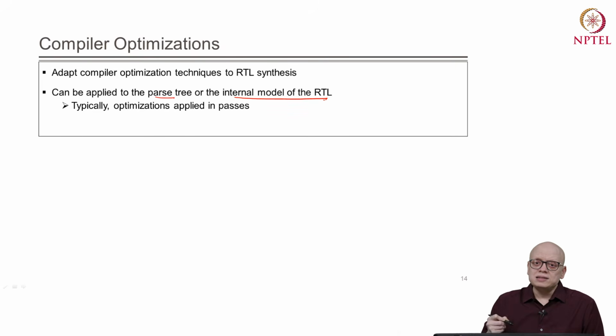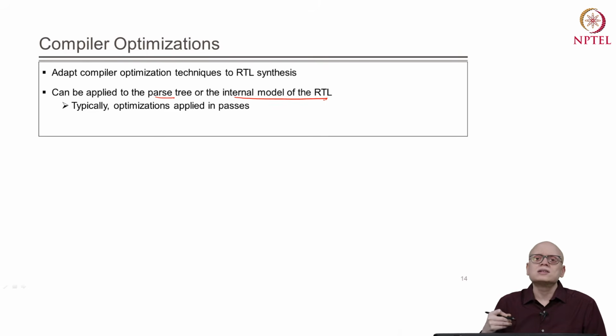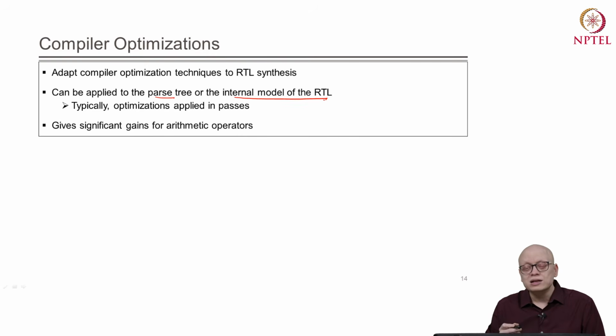These compiler optimizations are applied in passes, and in each pass a specific type of transformation is done to the RTL representation, such that some figures of merit improve. This type of compiler optimization gives significant gains for the arithmetic operators. So, let us look into a few examples of these compiler optimization techniques that are applied to RTL.